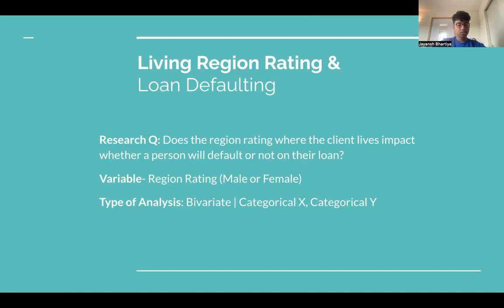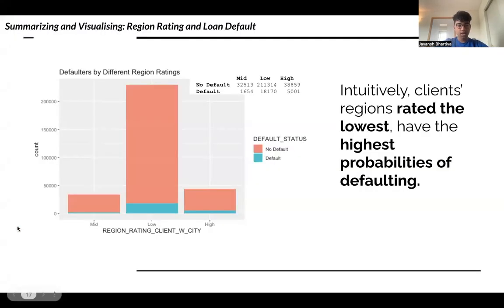And so this kind of analysis is a bivariate analysis with a categorical X and categorical Y. Quite intuitively, we can see from the stack bar plot that people who are rated low in terms of where they live are those who have the highest probabilities of defaulting.